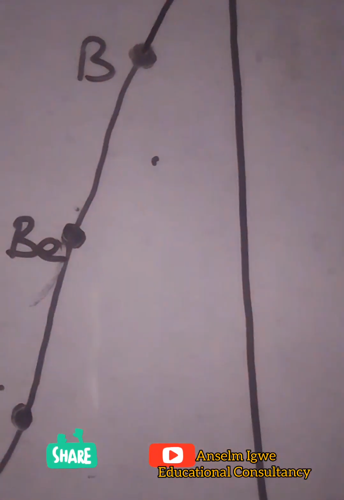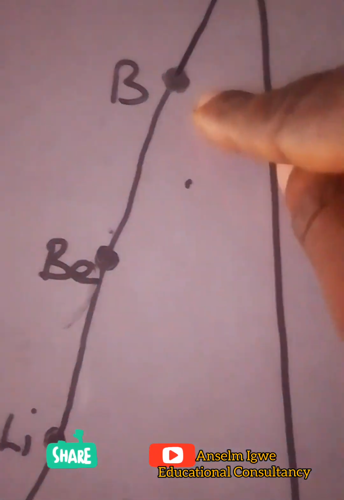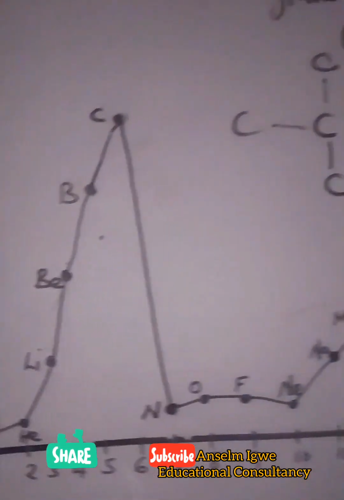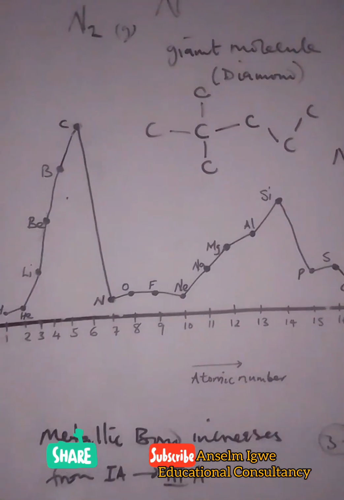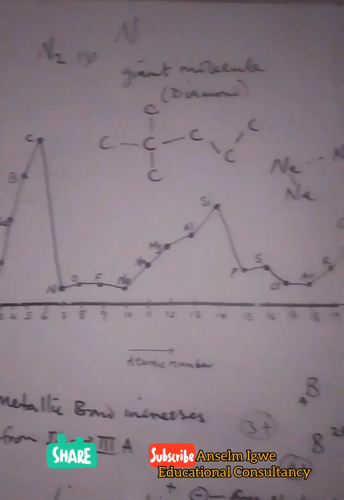You see how it goes here: lithium, beryllium, boron, then carbon. Instead of continuing like this to nitrogen, it drops and goes like this, repeats almost the same thing, drops again, goes like this, repeats almost the same thing. You see, this behavior explains the periodicity of melting point of elements across the period and down the group.